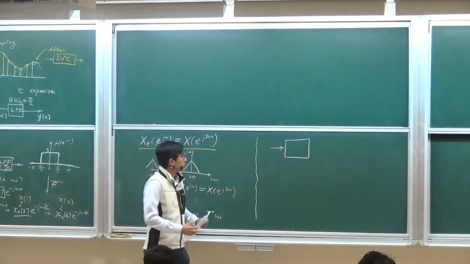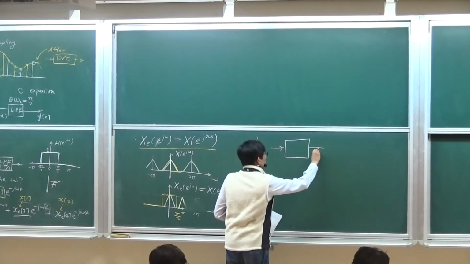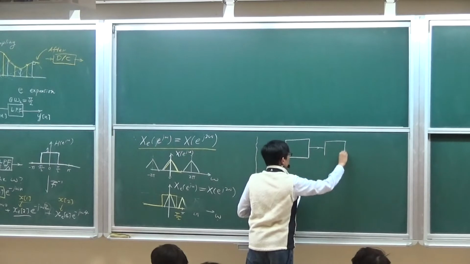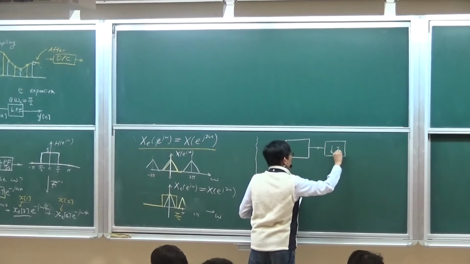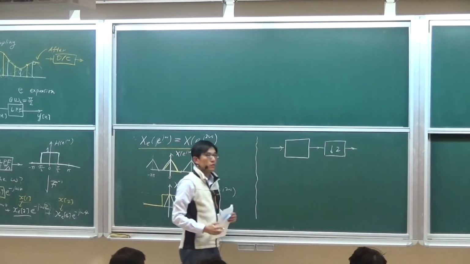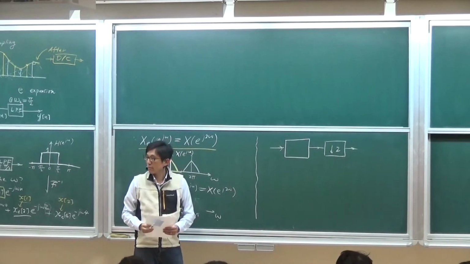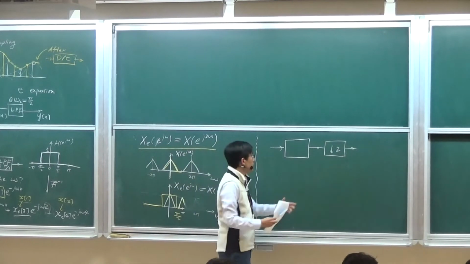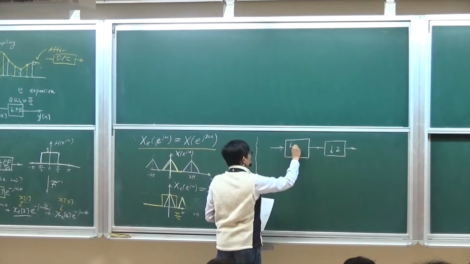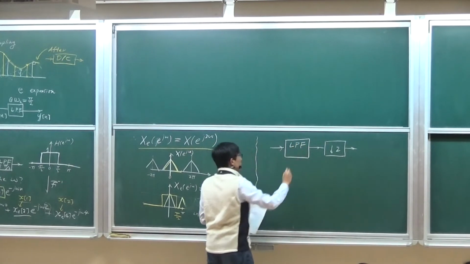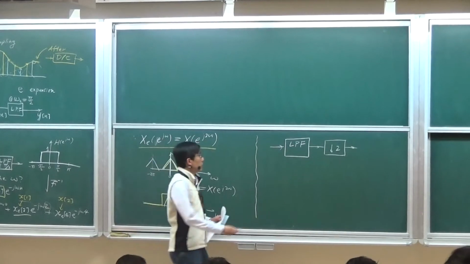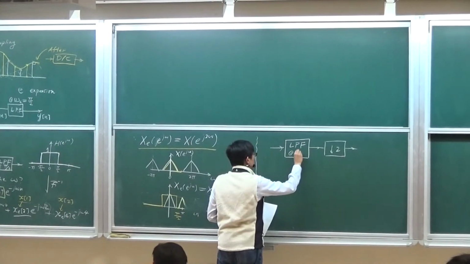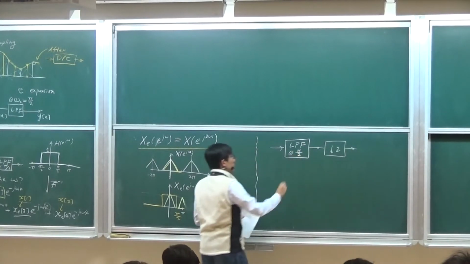Okay? But that action here is to delete every other sample. But the suggestion here is that we need to perform a low-pass filter first, and again at the cutoff frequency of pi over 2.